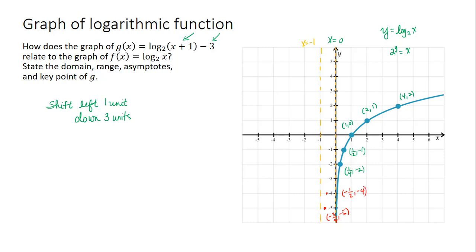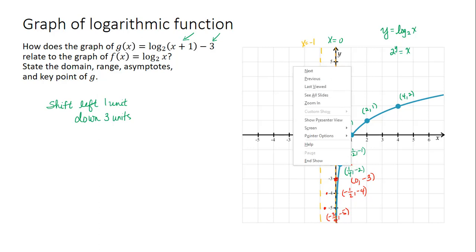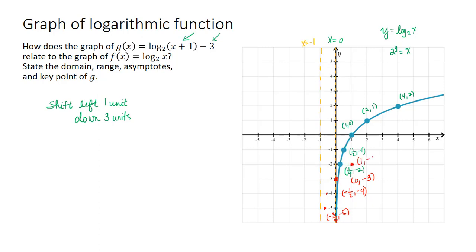If I shift this key point of (1, 0) left 1 and down 3, I move to the point (0, -3). (2, 1) left 1, down 3 takes me to (1, -2). And then (4, 2) left 1 and down 3 takes me to the point (3, -1).